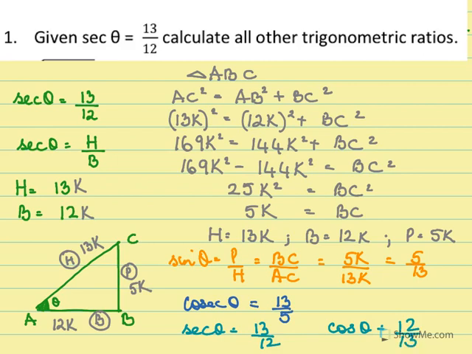Then for tan theta, you know tan theta is perpendicular over base, and in this case our perpendicular is 5k and the base is 12k. So tan theta is 5 over 12, and your cot theta, which is the reciprocal of tan theta, will be 12 over 5.